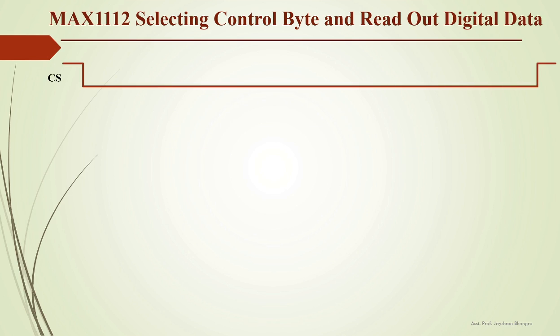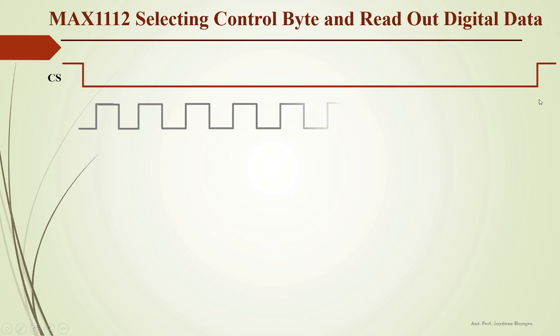To read out data from the ADC chip, again the chip must be activated. For that this CS input must be low. So here we are sending a high to low pulse to this CS input to activate the chip.